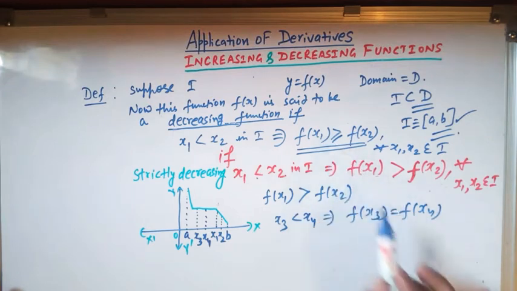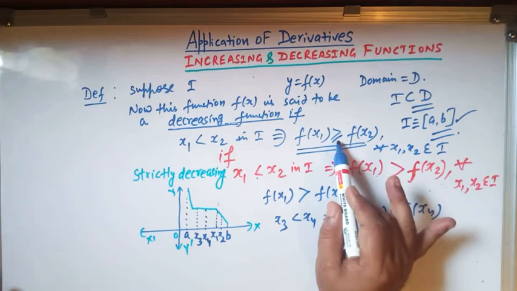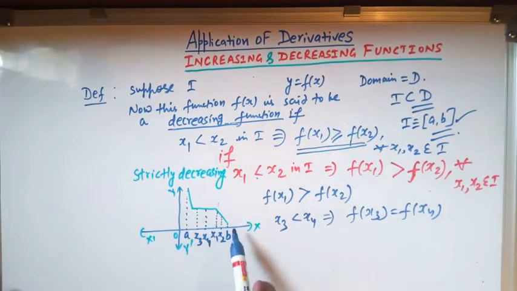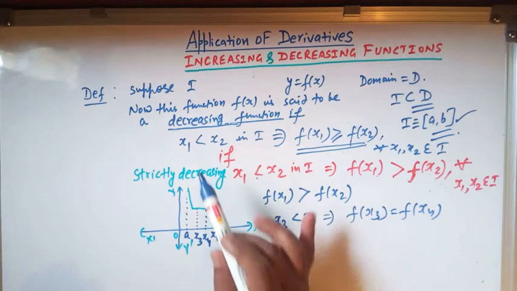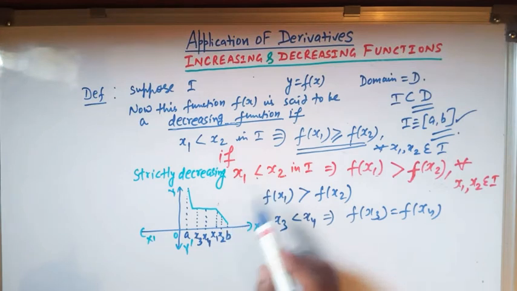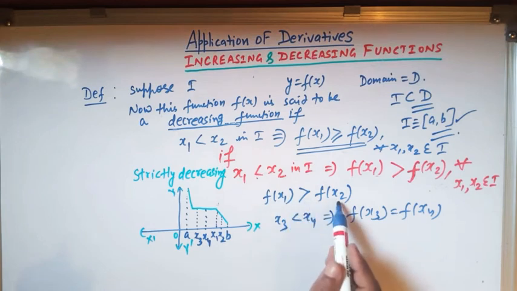So this explains the equality sign here. Clear? So in this case this function is said to be a decreasing function, because when we have taken these 2 points, x1 is less than x2, and this implies that f(x1) is greater than f(x2).